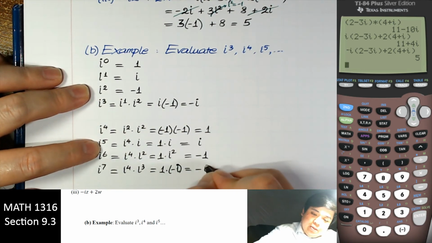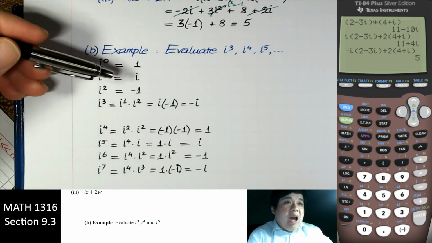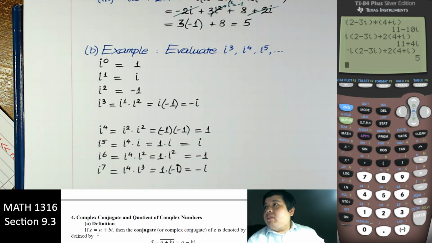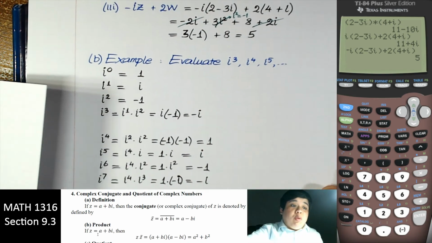So we have -i. If we just keep doing that, you see the pattern repeating: 1, i, -1, -i, 1, i, -1, -i, and it just keeps repeating. So if we want to go to i to the 100th power, that will get back to 1. So we can add, subtract, and multiply.